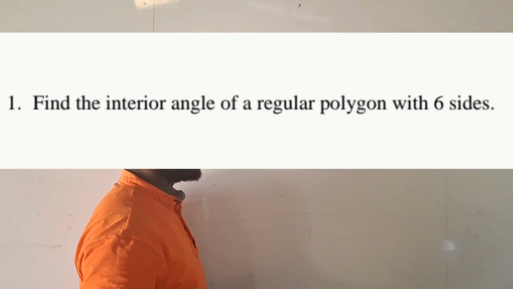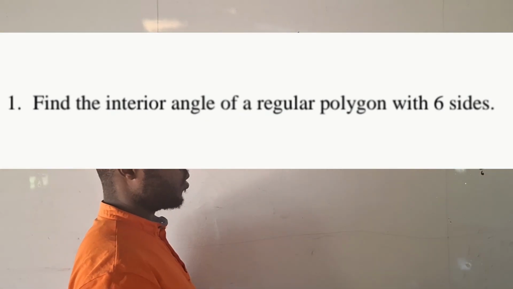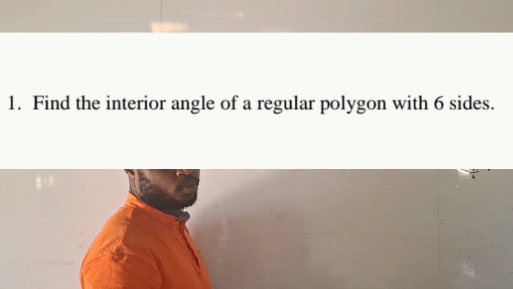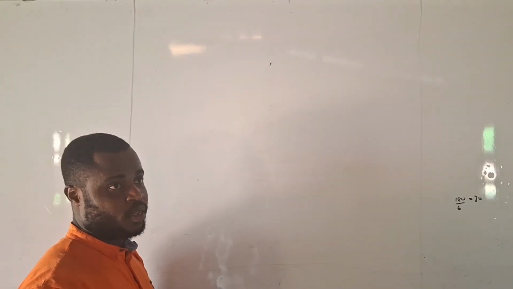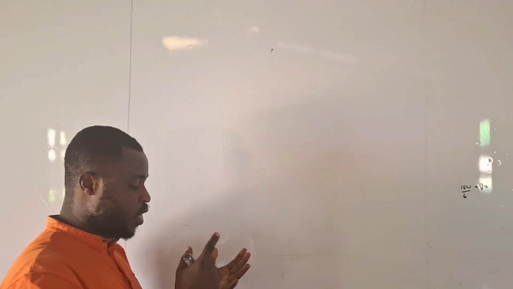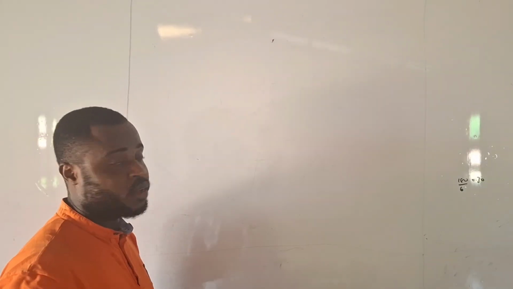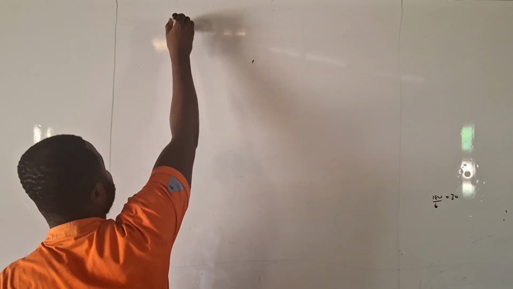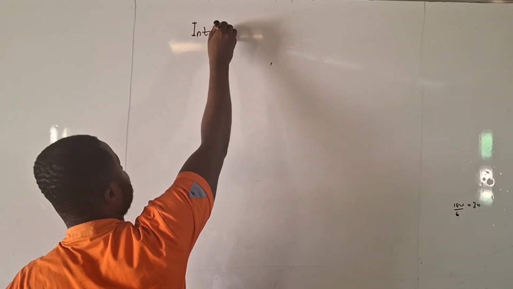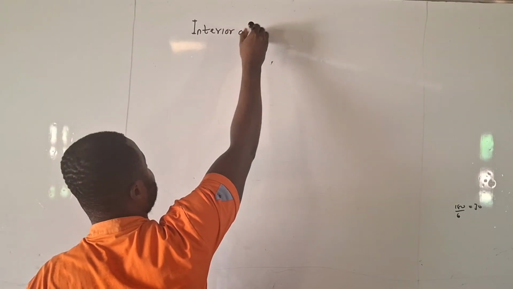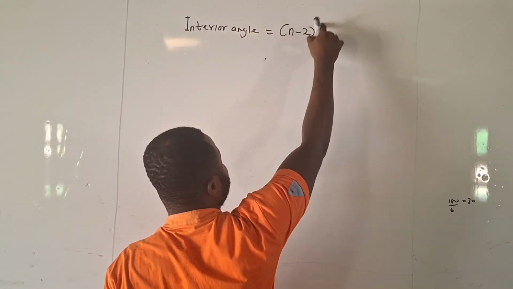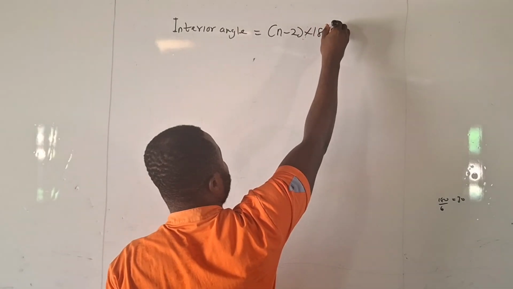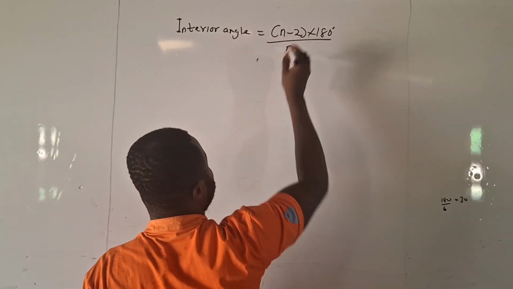Our first question is: find the interior angle of a regular polygon with 6 sides. If they don't say interior angle, they will say each interior angle, which is the same thing. The formula is (n minus 2) times 180 degrees all over n.